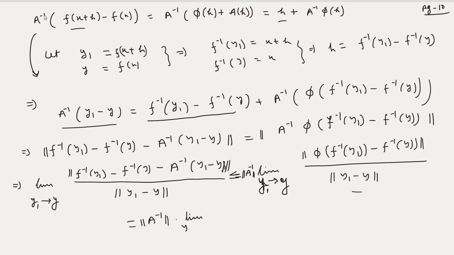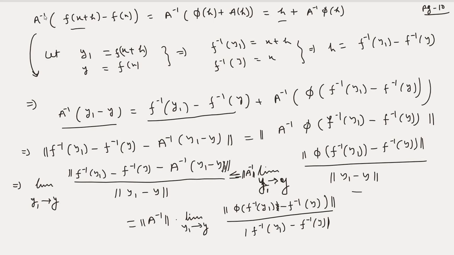times the limit as y1 tends to y of the norm of phi of F inverse of y1 minus F inverse of y over the norm of F inverse of y1 minus F inverse of y, times the norm of F inverse of y1 minus F inverse of y over the norm of y1 minus y.